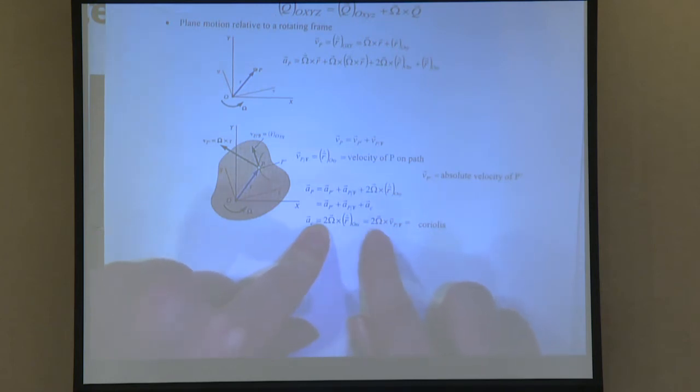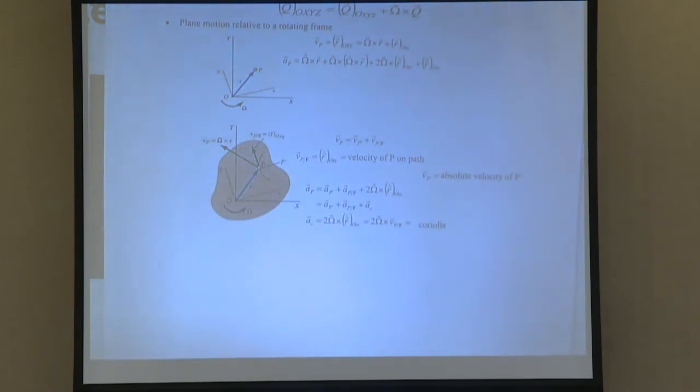So it's going to be 2 times the rotational velocity of the frame, which in our case is omega AB, and then you cross it with the velocity of whatever is moving across the rotating frame, if it's the ladybug. Does that kind of make sense?